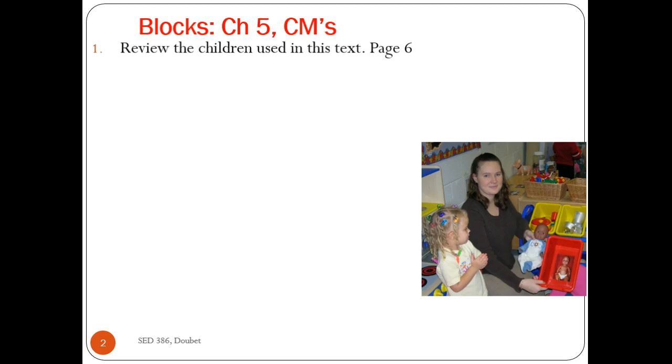It's been a few lessons since we've looked at the Building Blocks book, so I just want to remind you to review the children that are used in this text. You can look on page 6, or you can look in the pages where you developed information about these kids. You did a table for each one of them, and become familiar with them again, because you're going to want to follow their story and their examples in this chapter.